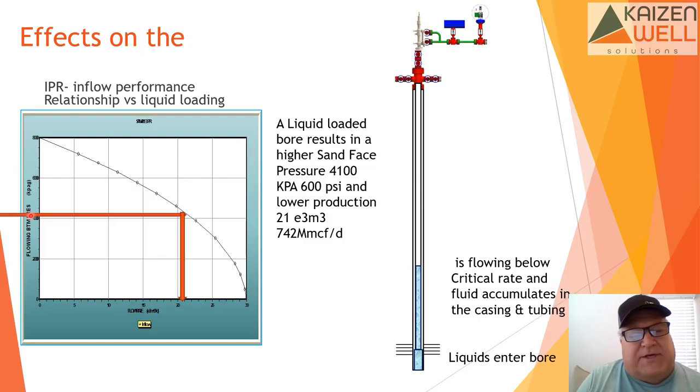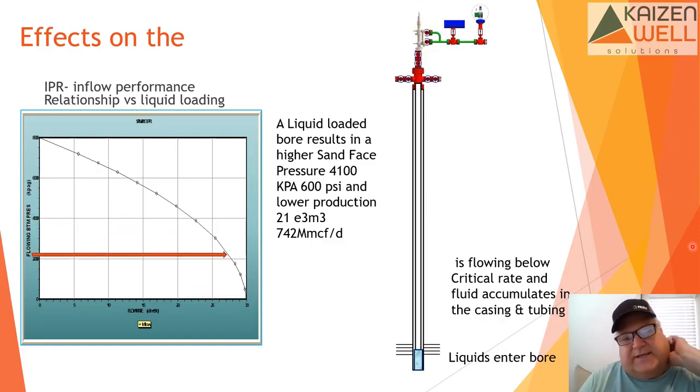As that pressure climbs, we can take this IPR, or inflow performance relationship graph, for this pretend well, and draw across from the current pressure, intersect this line, and go straight down. At this particular pressure, we have the ability to produce about 20 E3 of gas. But if I went in there and did some sort of intervention, like putting a plunger lift in, I get this plunger running, it sweeps that accumulating fluid out.